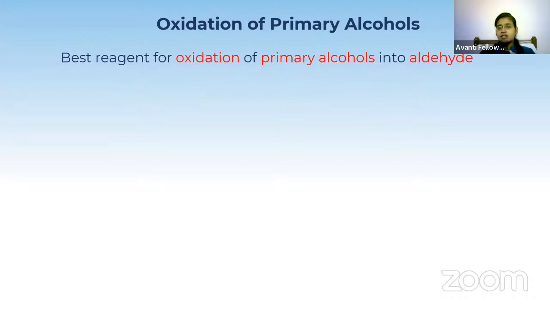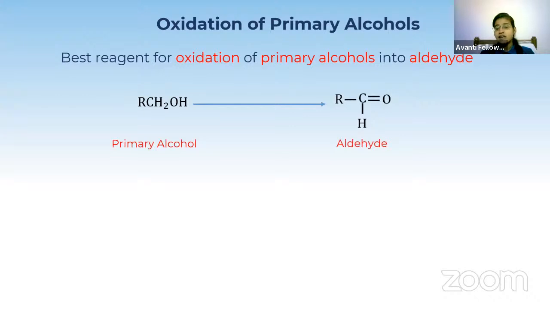If a primary alcohol is getting oxidized, it will give an aldehyde. RCH2OH is called a primary alcohol, and if I oxidize this, I will get an aldehyde. CHO is an aldehyde, right? The best reagent for this oxidation is PCC, which is pyridinium chlorochromate.